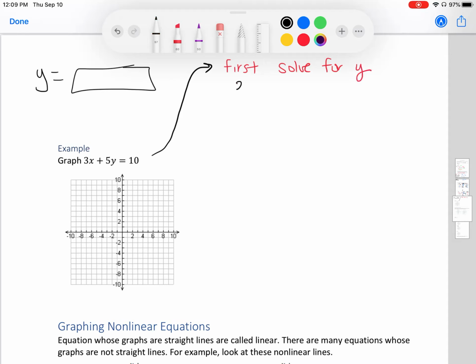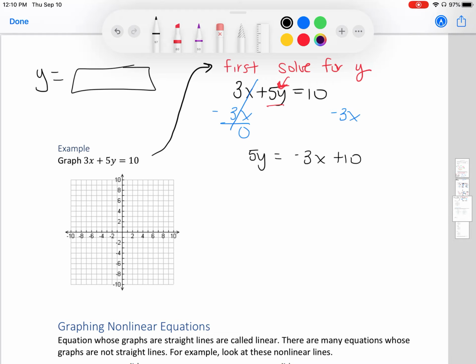Okay, so we have 3x plus 5y is equal to 10. Let's go ahead and get y by itself. So we start off by isolating that term. Let's move that 3x: minus 3x, that's gone. And we're left with 5y is equal to negative 3x plus 10.